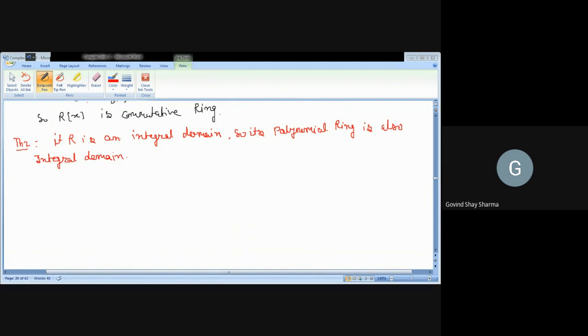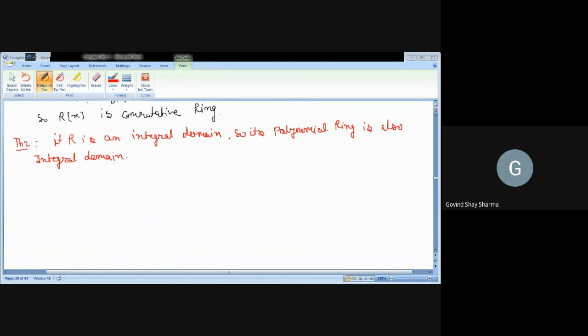For that, we know that a ring is called an integral domain if it is without zero divisors. If we take a element from R and b element from R, then the product a dot b is equal to 0 if and only if a is equal to 0 or b is equal to 0 or both are 0.